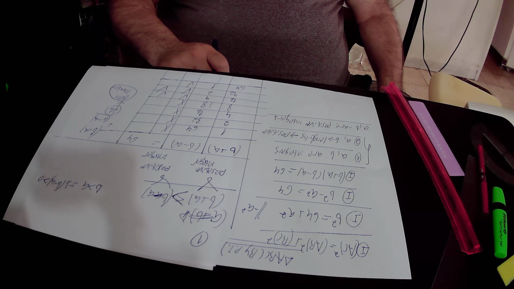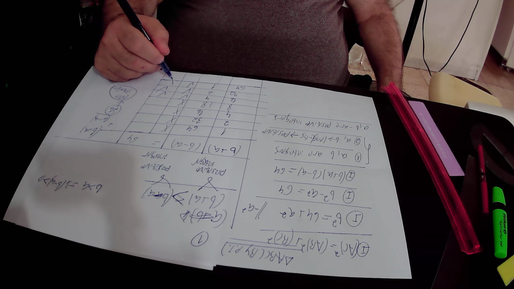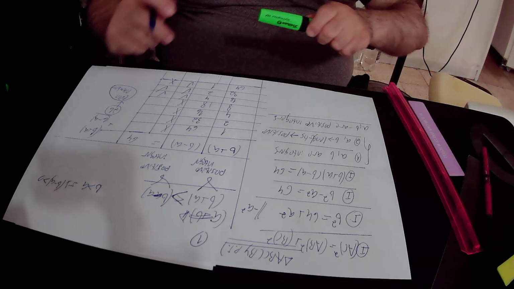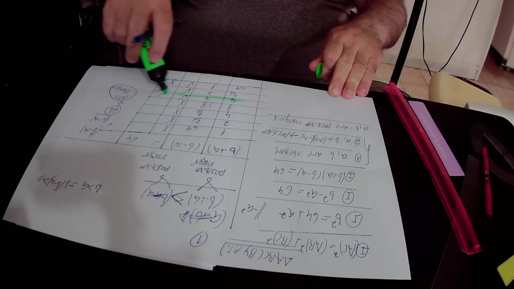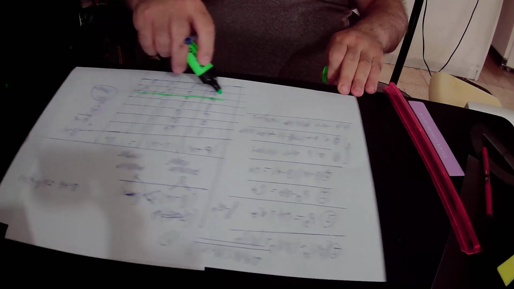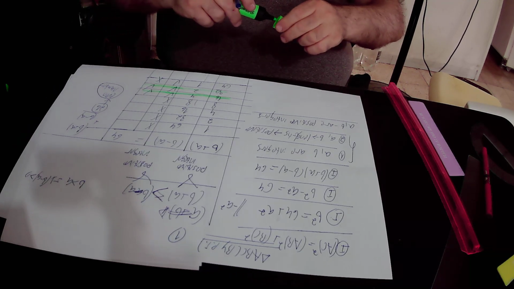It is not an even number, so this solution is not a good solution. So we are left with only two possible solutions for the question: b plus a is 16 and b minus a is 4, and the second solution is that b plus a is 32 and b minus a is 2.